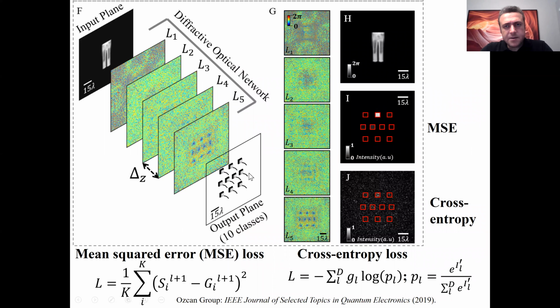If you look at the training of these initial results, you can see that to penalize the diffractive network and to train each one of these individual pixels, we used mean square error. That's why if you look at the output detector, we were having, for a given input class, some sort of a uniform illumination within the target detector area, which was a little bit restrictive for the diffractive network.